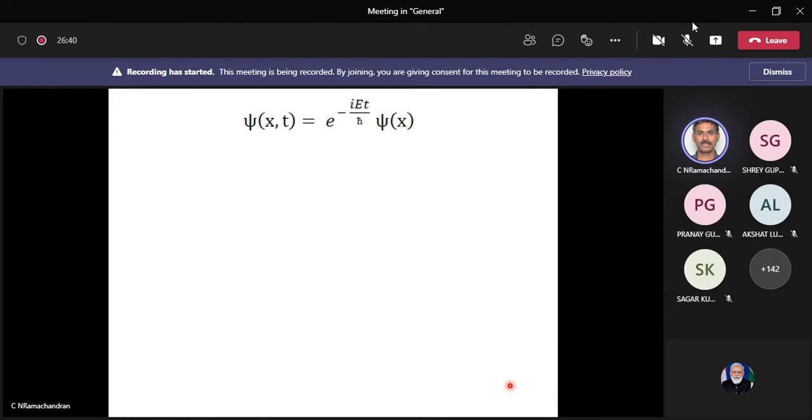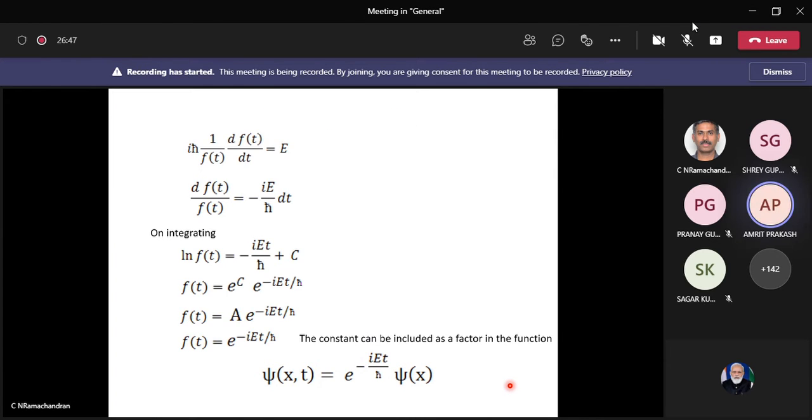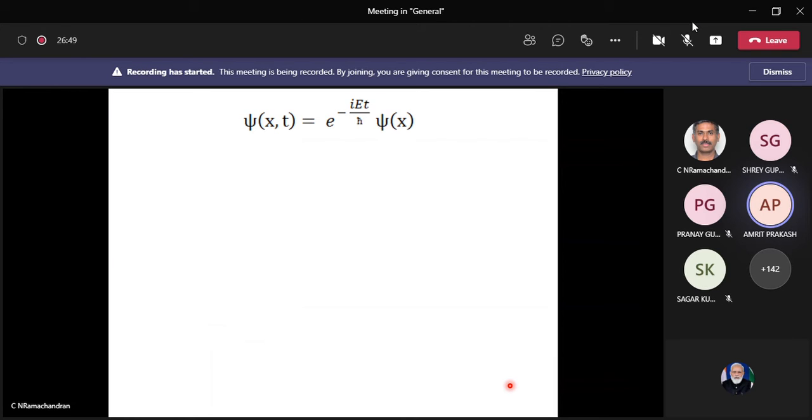Now, if yes. Sir, the question is, you mean that this psi(x,t) when integrated from minus infinity to infinity will give 1? Yes, in this case we can consider minus infinity to plus infinity.